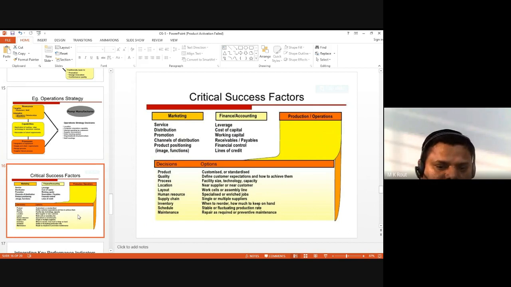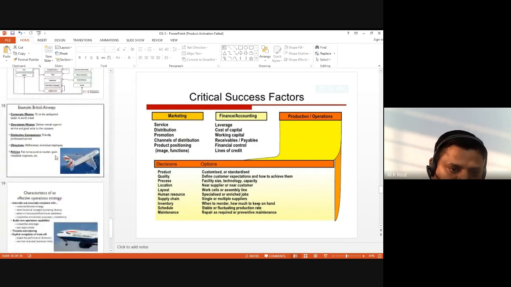In case of human resource, you go for the option that is specialized or very skilled jobs. Then in case of supply chain, that is single or multiple suppliers. In case of inventory, when to order and how much to keep on hand. Then in case of schedule, that is stable or fluctuating production rate. And the last one is in case of maintenance, that is repair as required or preventive maintenance. So these are the key success factors.